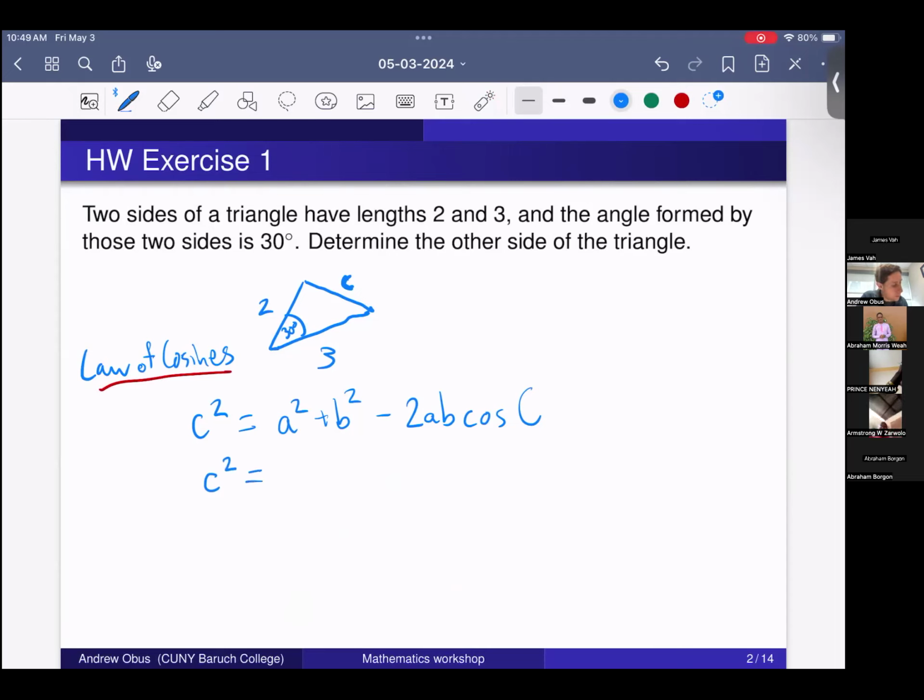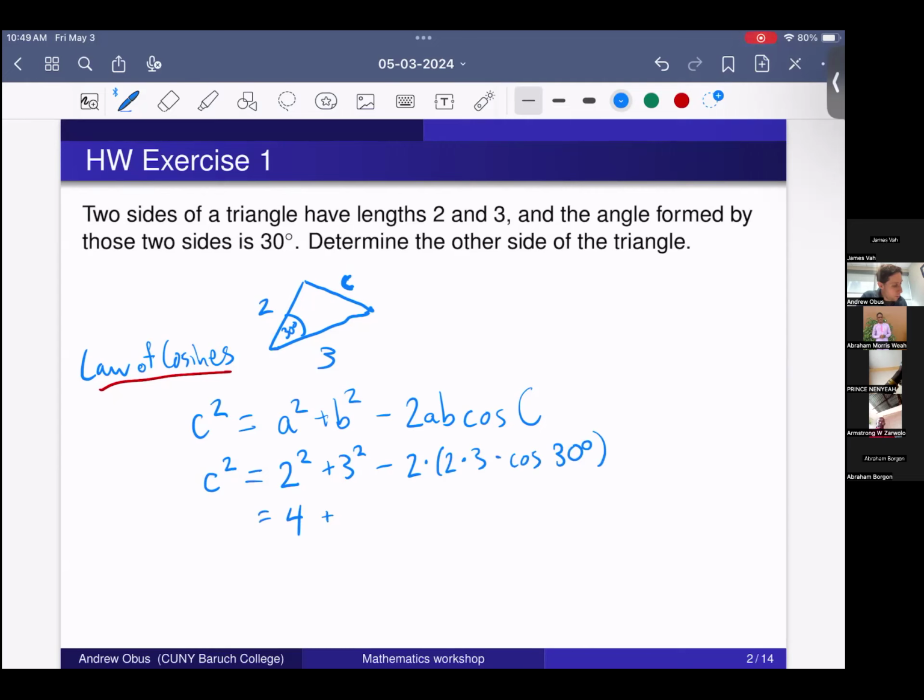Let's say a is equal to 2 and b is equal to 3. So 2 squared plus 3 squared minus 2 times 3 times cos 30 degrees. Exactly.